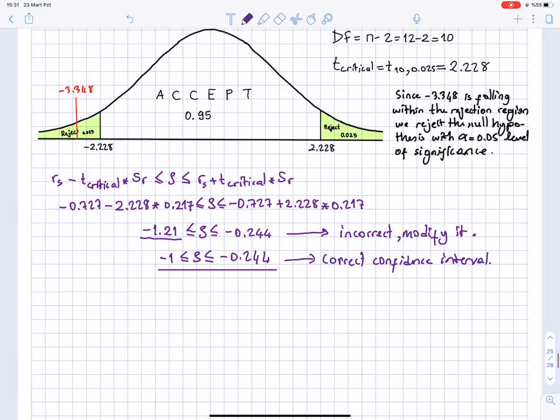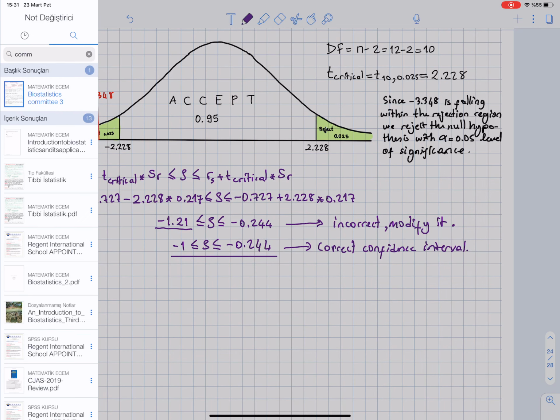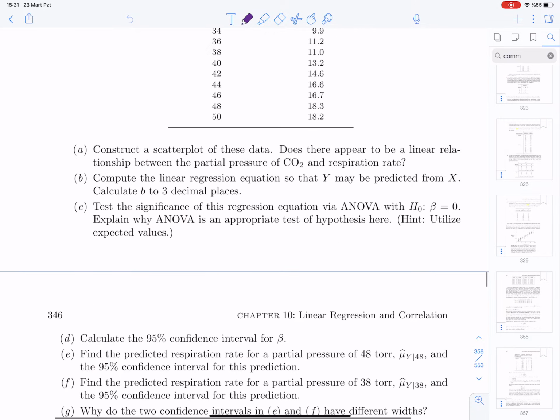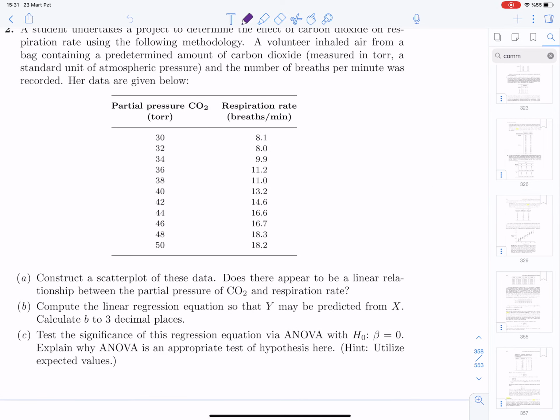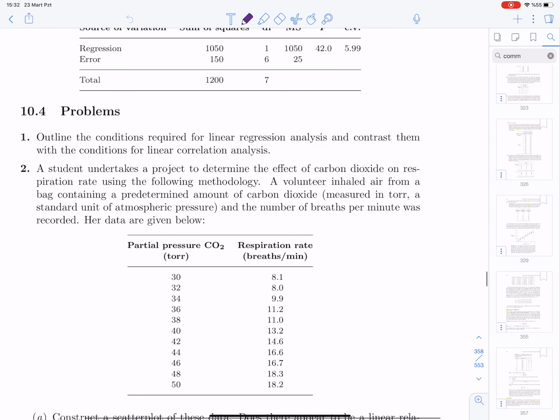Before I end the lecture, I'd like you to study an exercise for practice. In the book I have some exercises. This is a good exercise for this problem. Number 2, I'm going to leave it for you.